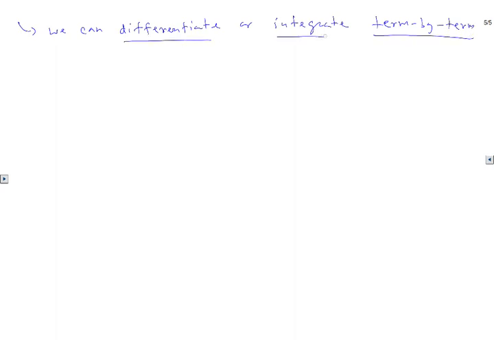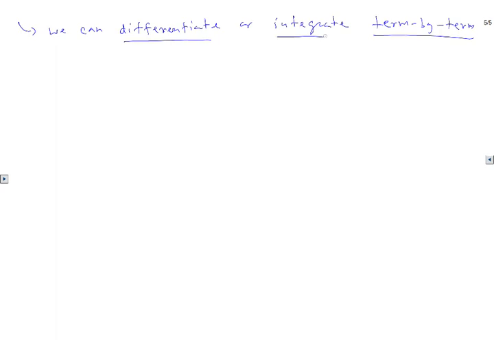So we can differentiate or integrate term by term. It's called term by term. So that's the idea. We can differentiate or integrate term by term.